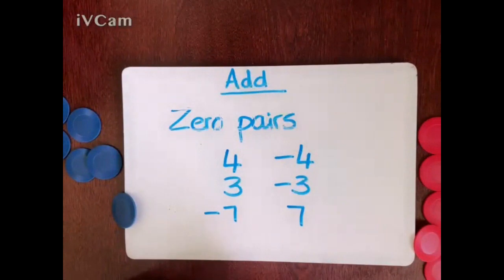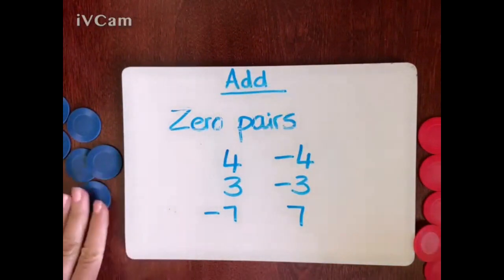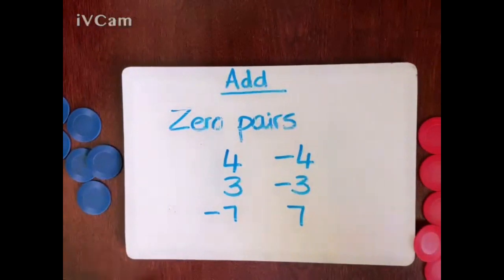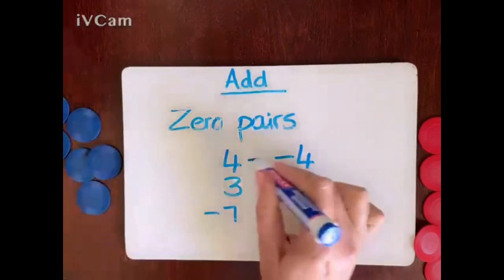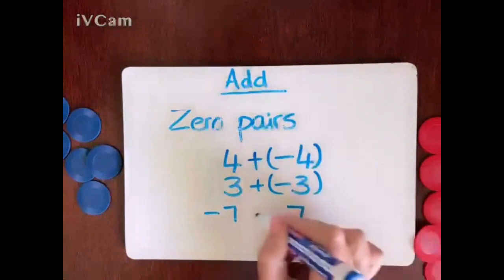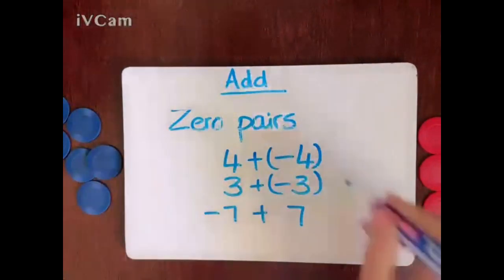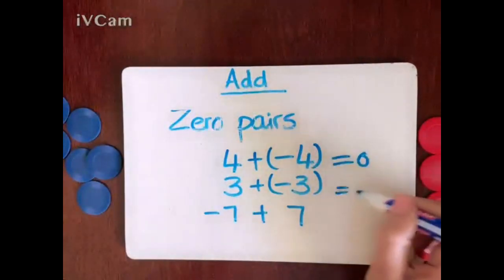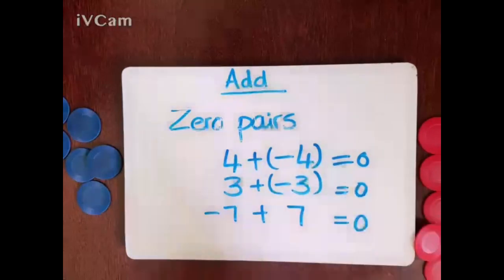And if you add those numbers, it will give you 0. Right, so remember these zero pairs. Their sum is 0. So if you add them, you will get 0. So these are zero pairs.